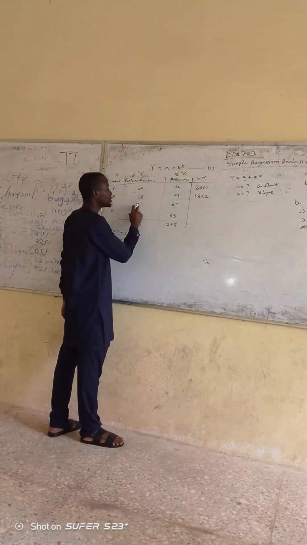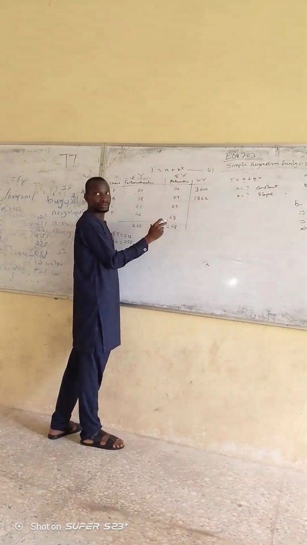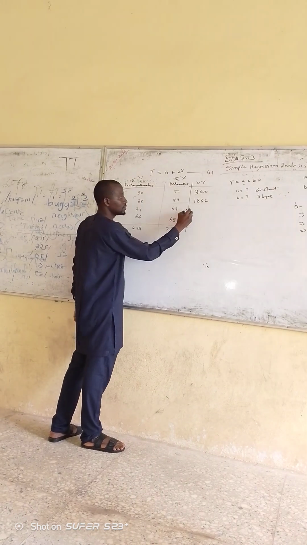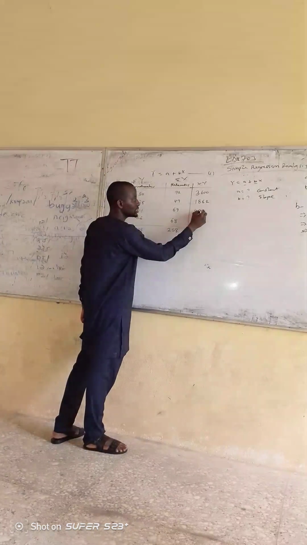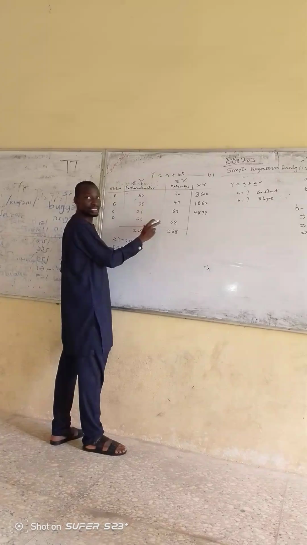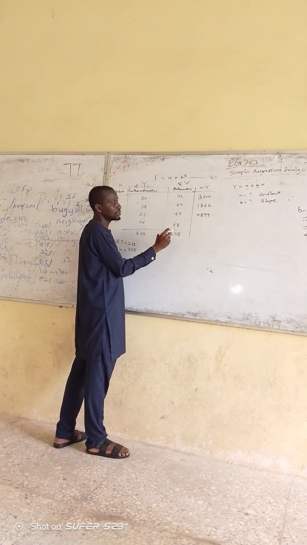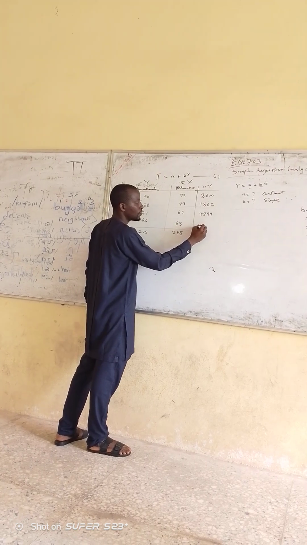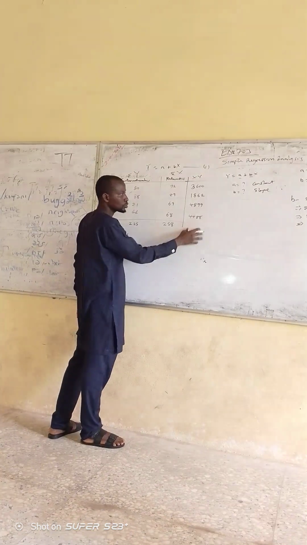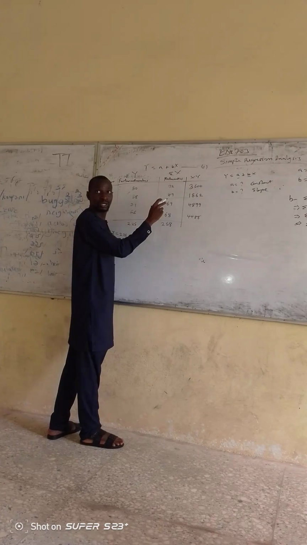71 times 69 is 4,899. 66 times 68 is 4,488. Then let us sum it because we are talking about summation xy.